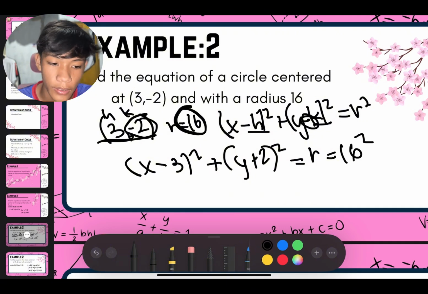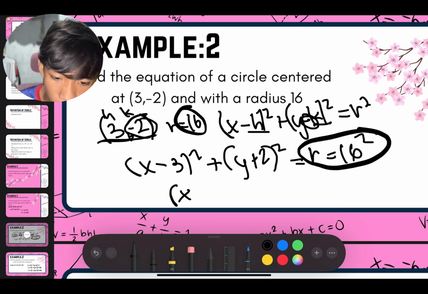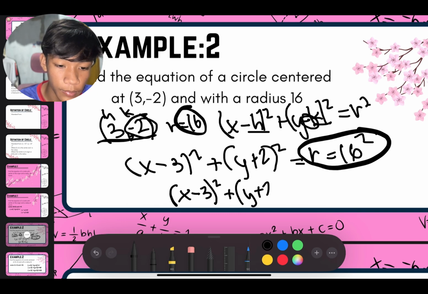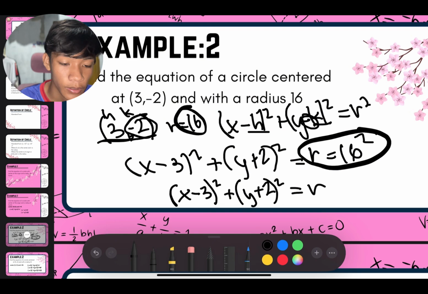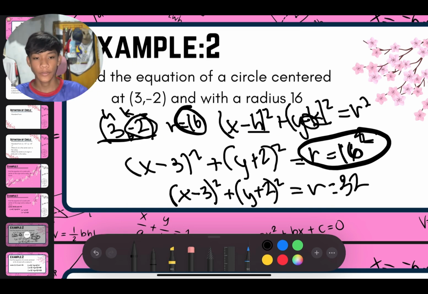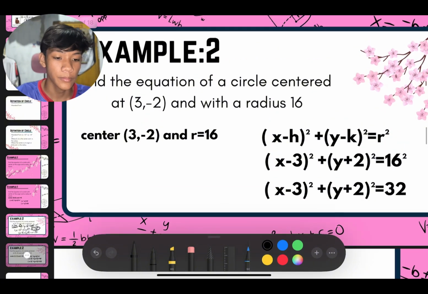So let's write it: (x minus 3) squared plus (y plus 2) squared is equal to, what is 16 squared? 16 squared is equal to 256. So let's check if it's correct. Yep, it's correct.